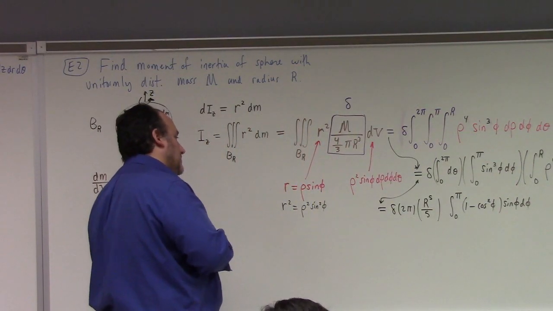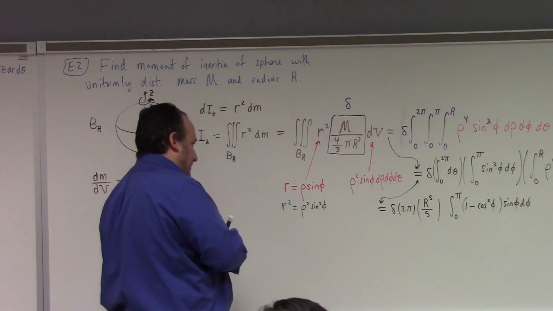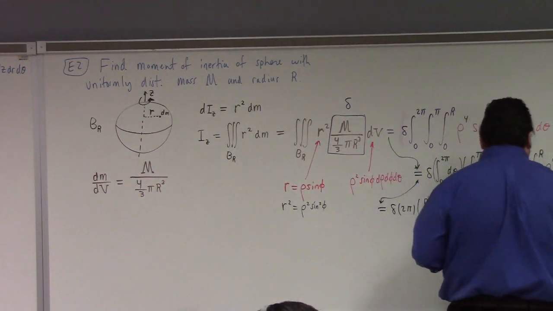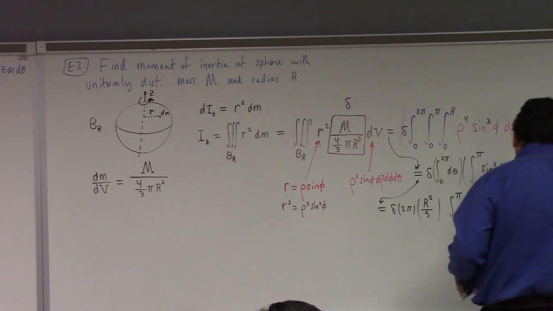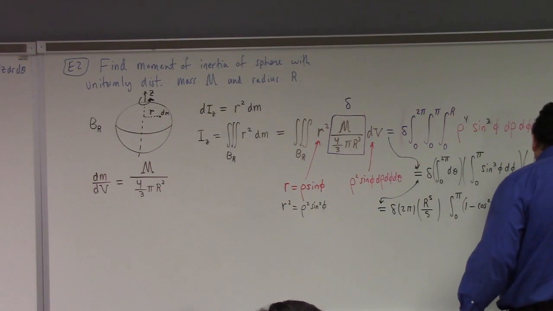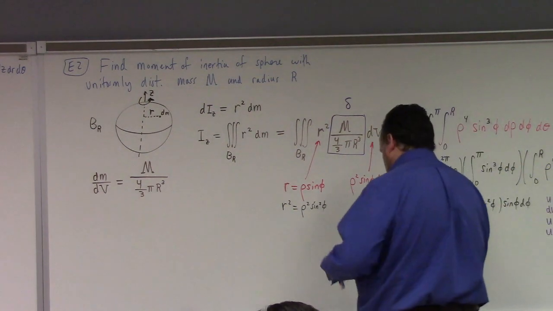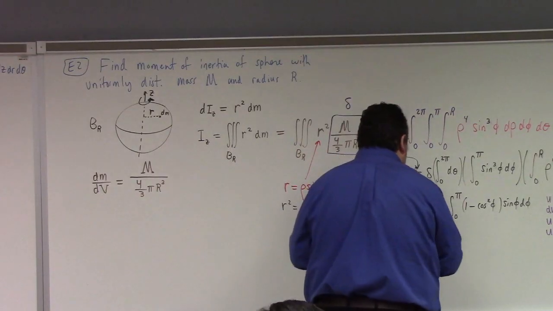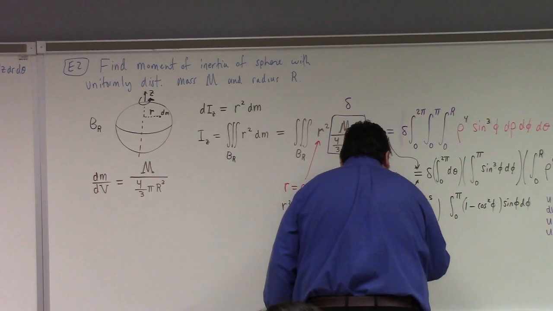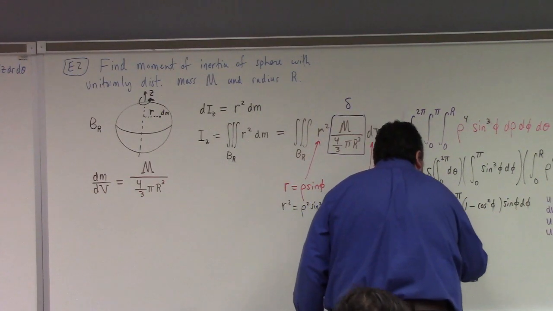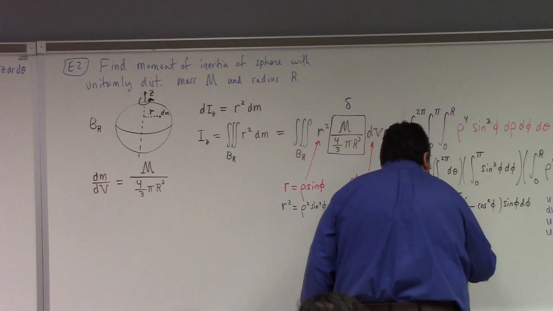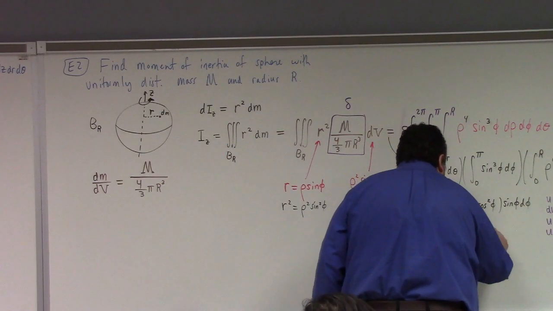And so that gives me, I make a u equals cosine phi substitution, so du is minus sine phi d phi, and my u of 0 is 1, my u of pi is minus 1. So put that into practice, and we got delta times 2 pi times r to the power 5 over 5, integral from 1 to minus 1 of 1 minus u squared times minus du.